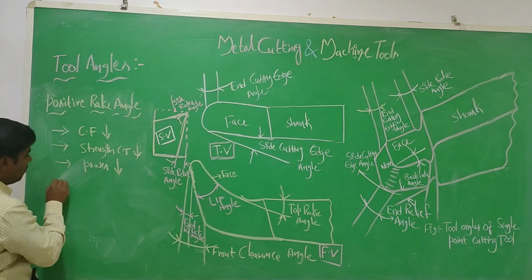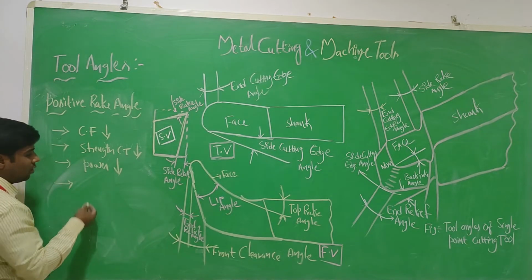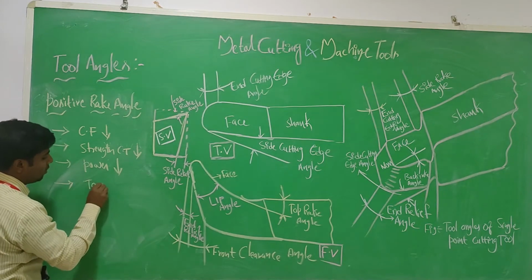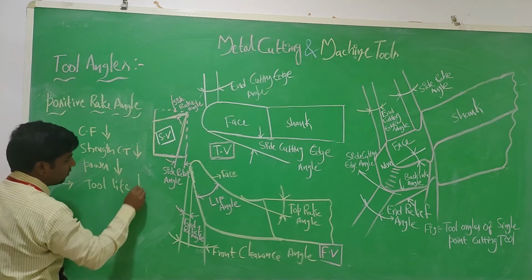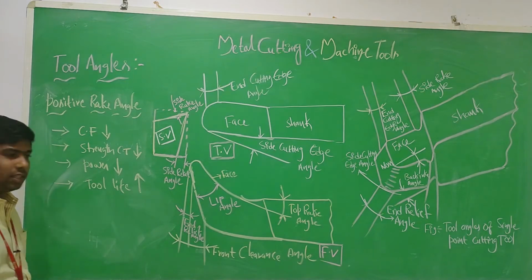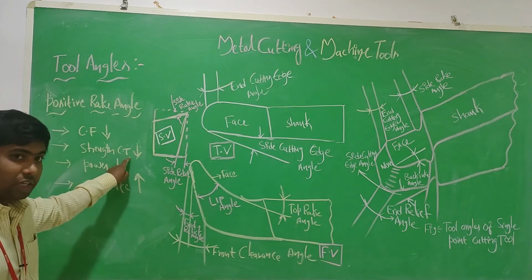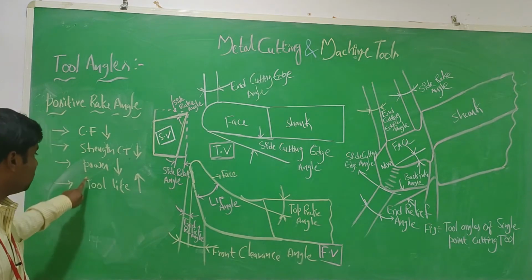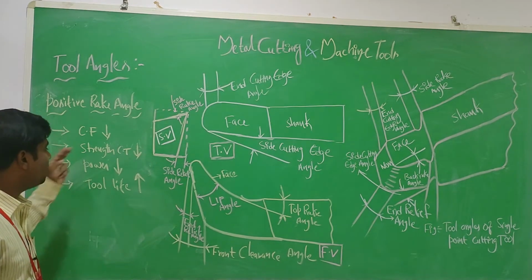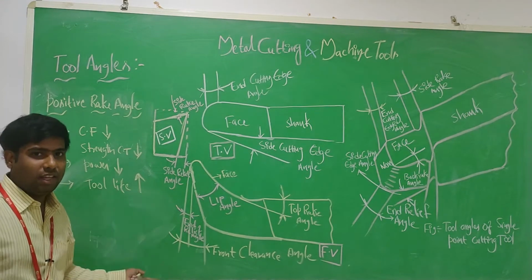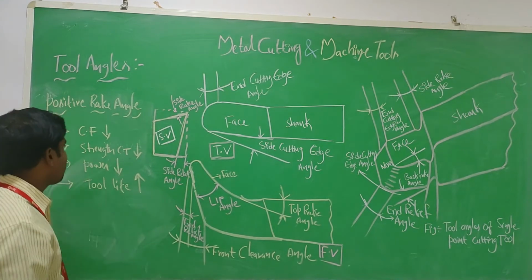All are reduced, which means tool life is increased. Okay friends, so due to positive rake angle, cutting forces, strength of the cutting tool and power consumption are reduced, but tool life is increased. Because all are reduced, automatically tool life is increased.